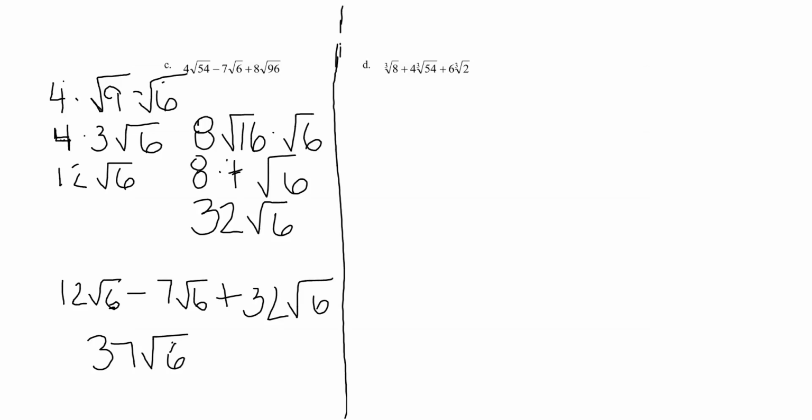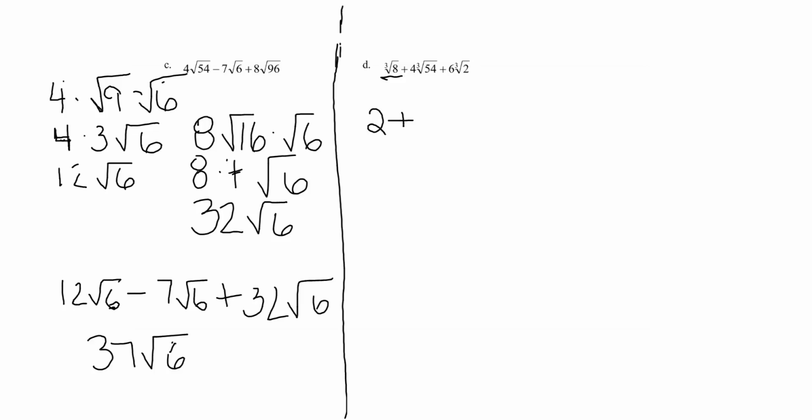Okay, for D, now we're not dealing with square roots, we're dealing with cube roots. And here, the first one, it's actually a perfect cube, so I can solve it. I can turn it into the whole number 2. Now, for the second one, it's 4 times the cube root of 54. I know that for 54, to get 54, it's 27 times 2, which 27 is a perfect cube.